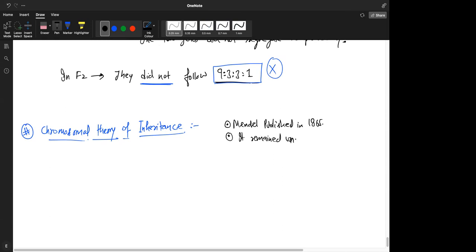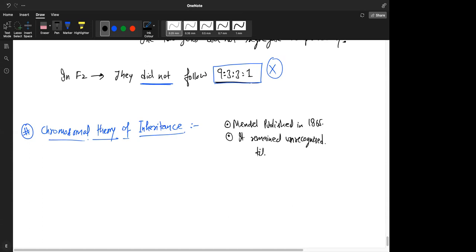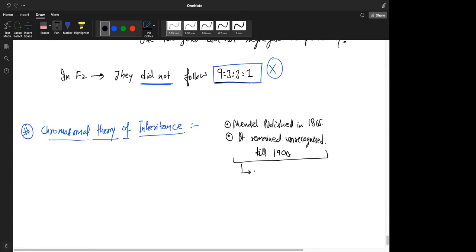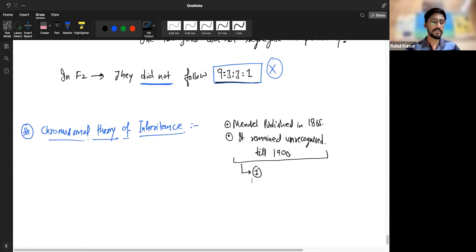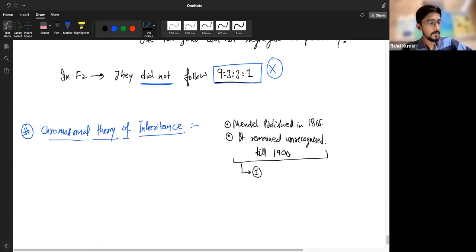Now, can you think of why it remained unrecognized? There were two, three things. The first reason was communication. He was connecting maths and biology. So he was the first person who tried to explain biology using mathematical concepts, and this was something very new at that time.